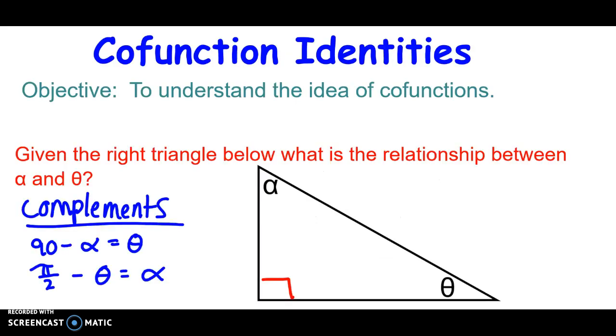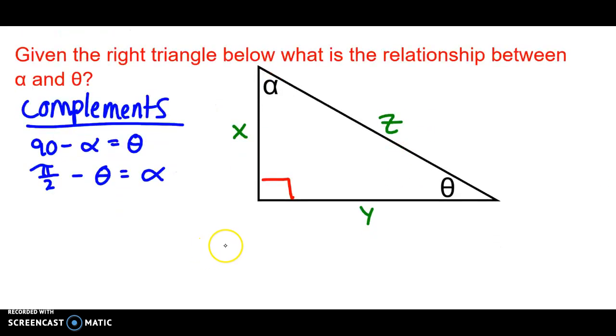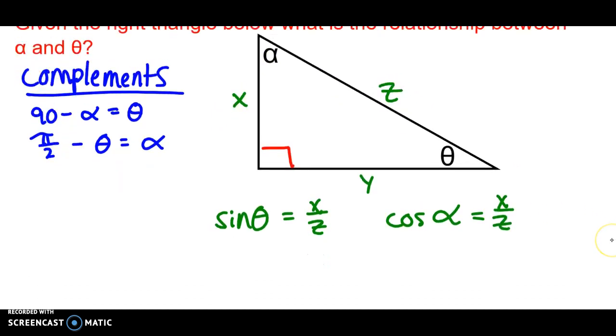Also, something I want us to think about is, let's assign these x, y, and z. So sine of theta is opposite over hypotenuse, x over z. Cosine of alpha is going to be adjacent over hypotenuse, which is x over z. So why am I saying this?